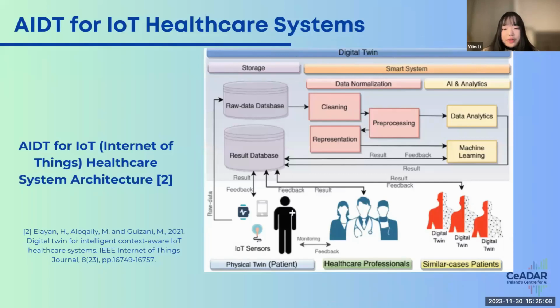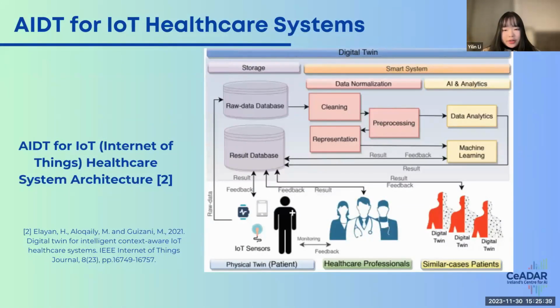The foundation of the architecture is the IoT wearable sensor. These devices are crucial to obtaining real-time data about body metrics directly from the patients, and they form the first point of contact in the AIDT system.